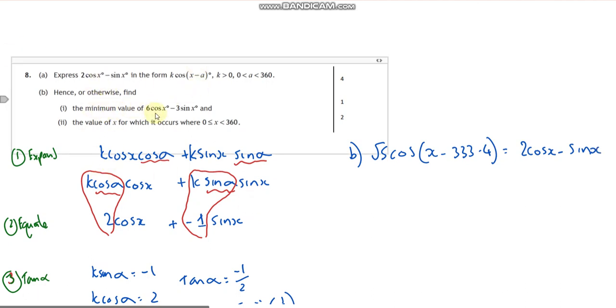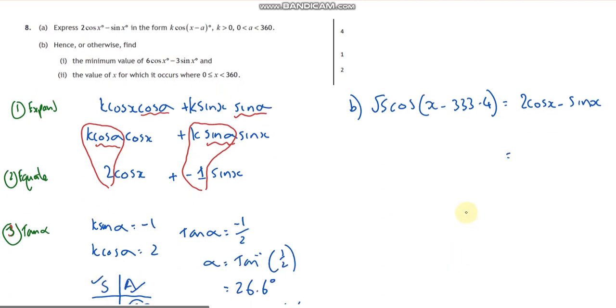So now we want to know the minimum value of 6 cos x negative 3 sin x. What have I had to multiply that by to get from here to here? We just times it by 3, haven't I?